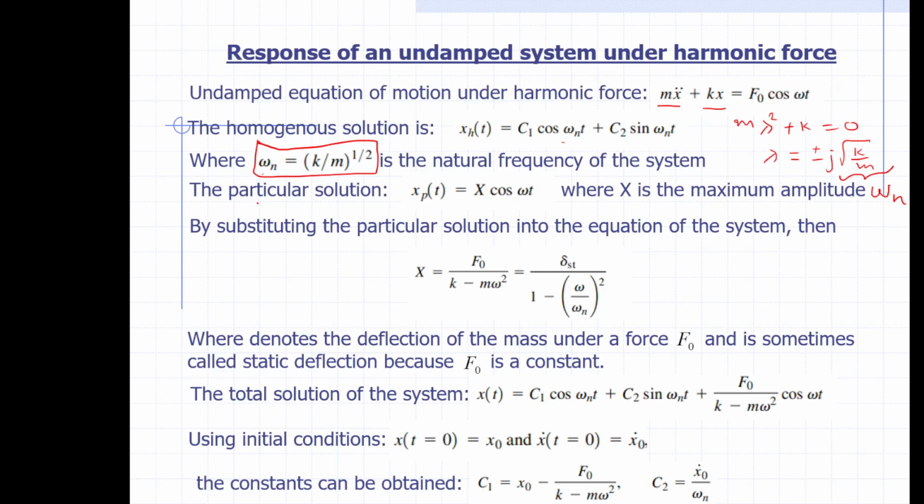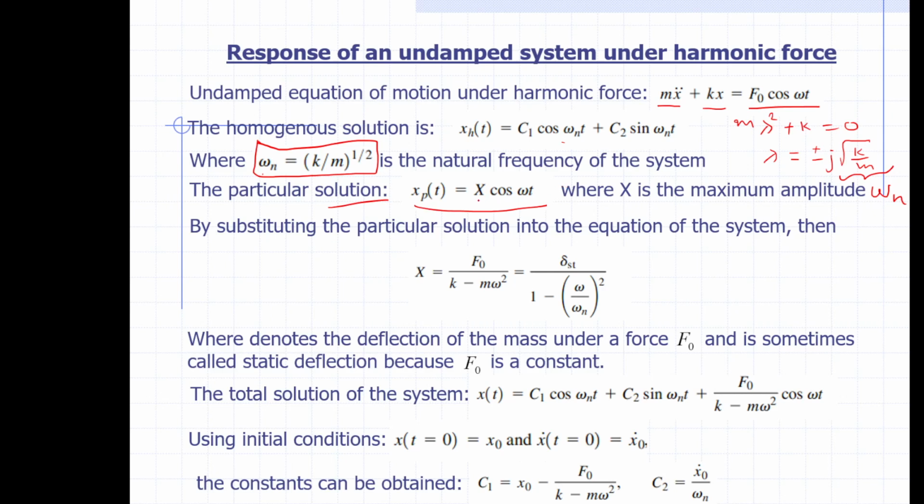And then the particular solution, of course, the system must vibrate according to the external force. It means if you input the external force with the frequency omega, the system would vibrate at the frequency omega. This is what the particular solution means.